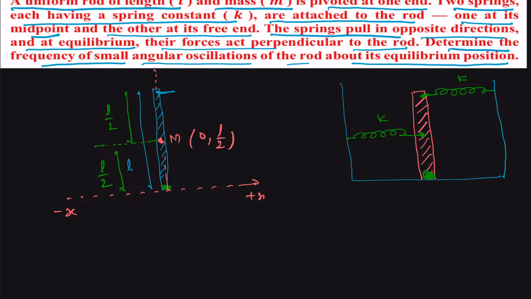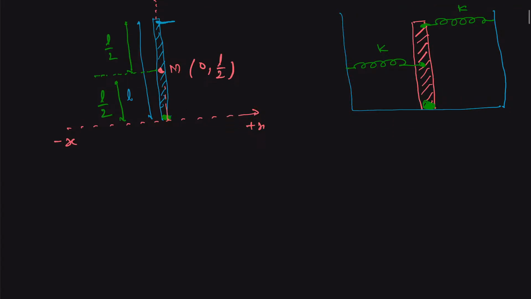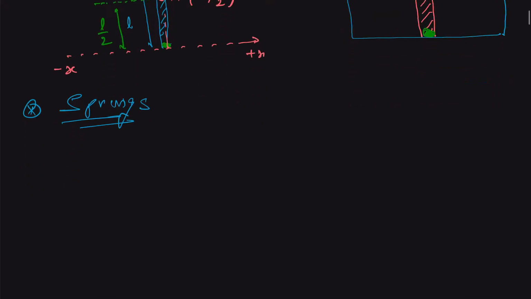Therefore we can say that we have springs, and springs are connected at two ends. One is at the midpoint, so we are going to call this the midpoint spring.